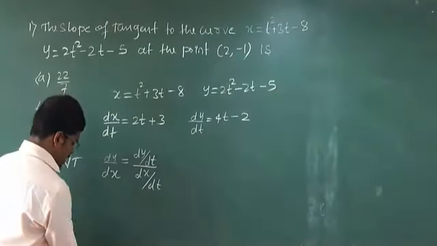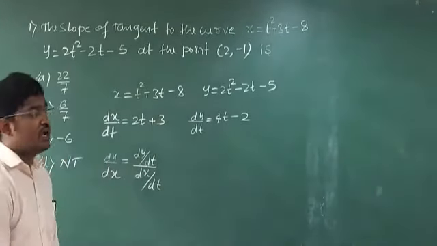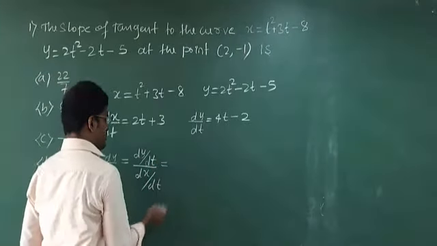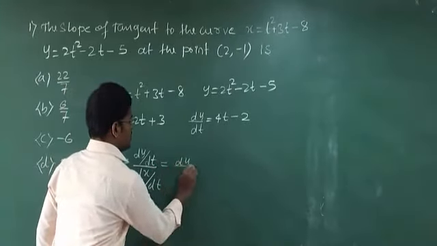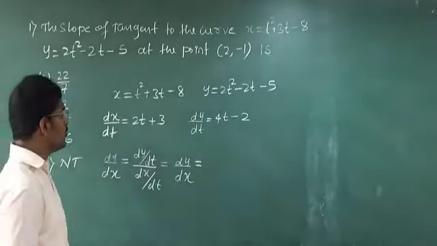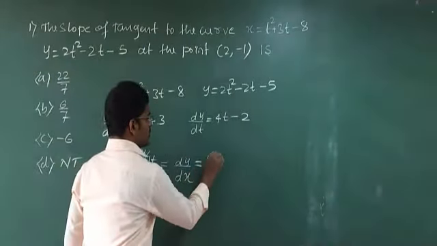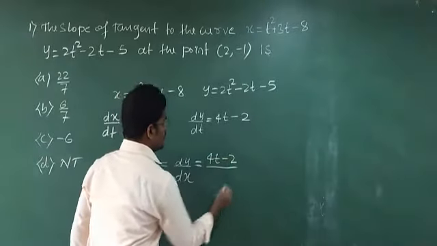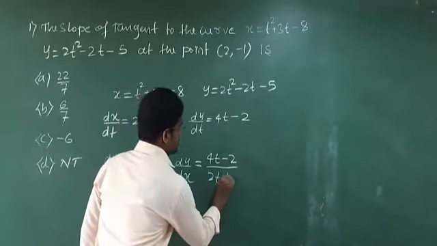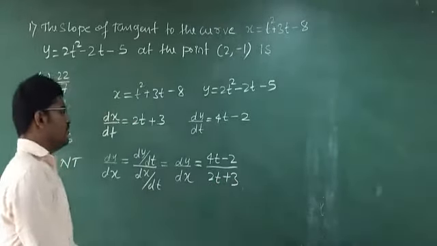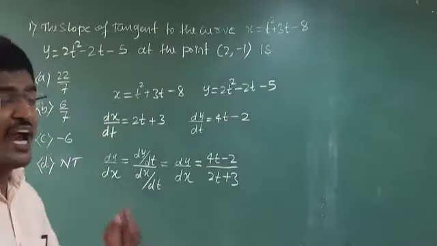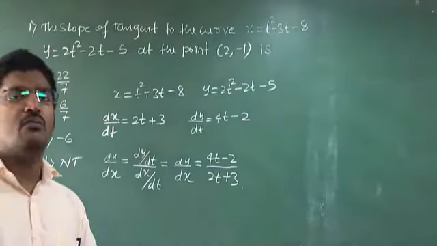So dy by dx will be equal to 4t minus 2 divided by 2t plus 3. From this you can calculate slope of tangent at the point 2 comma minus 1.